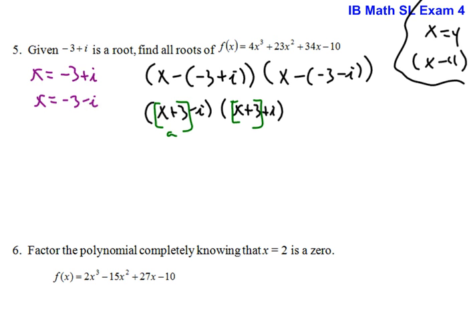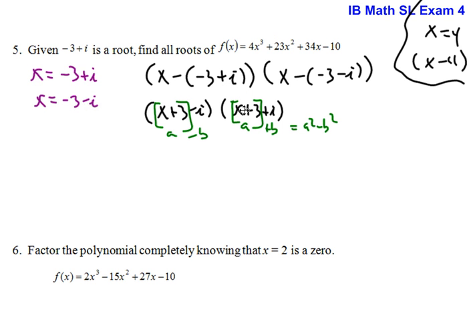So think of that as like our a. And then we have minus i and plus i. So think of this as a minus b and then a plus b. Well, if you multiply a minus b times a plus b, isn't that just a squared minus b squared? It's a difference of squares, right? I mean that's what we have right here.